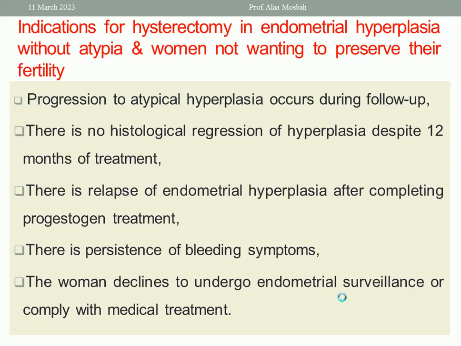So, if you are not sure that this patient will do follow-up to test that the endometrial hyperplasia regressed, and she may not take the treatment, so this itself is an indication to do hysterectomy.